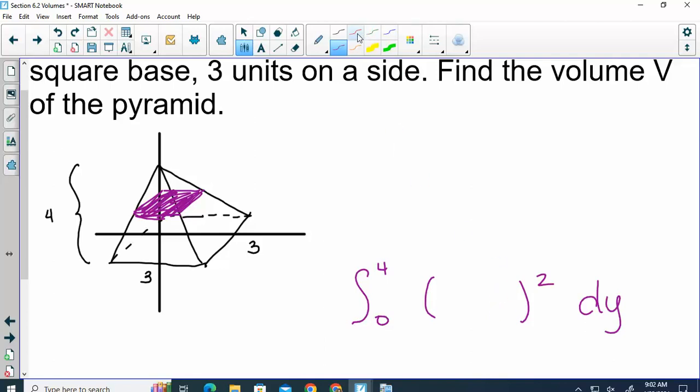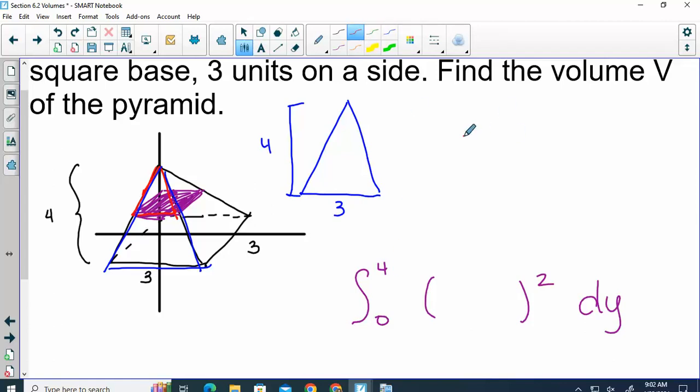To do that, we could think of similar triangles. So this whole face, okay, that whole triangle, the height of it was 4 and the side was 3. If we take that little triangle, okay, so the height of this, let's kind of visualize. So the height is the top, right?